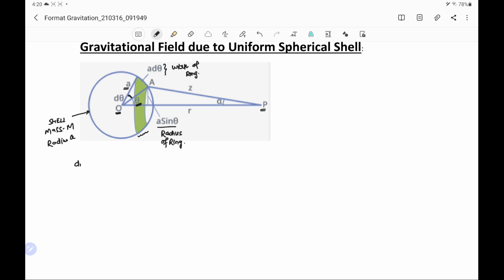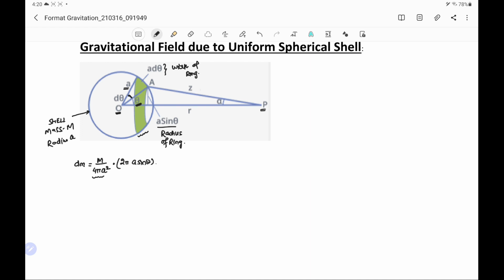So the elementary mass of the ring will be: total mass is m of the shell, and total surface area of the shell is 4 pi a square. This is the mass density, and it is multiplied with the area of the ring. This is 2 pi r, that means circumference, and the radius is a sine theta.